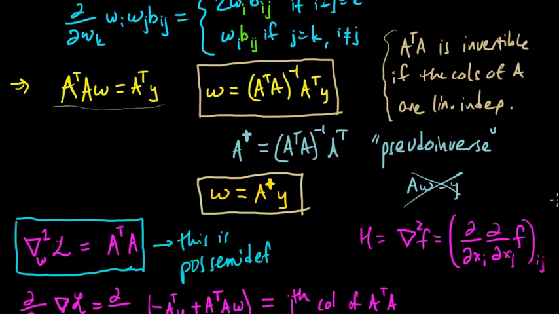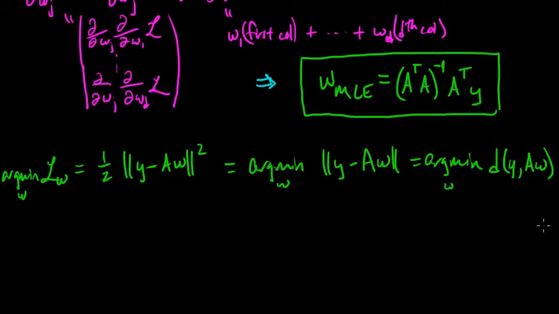But what the pseudo-inverse does is it gets you as close as possible. It gives you the w that gets A times w as close as possible in Euclidean distance to y. So that's a nice intuition for what this is doing.